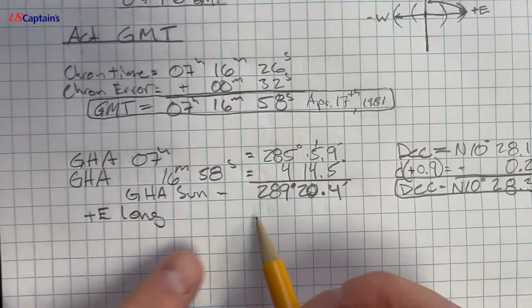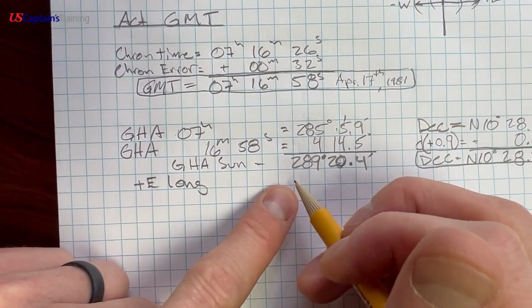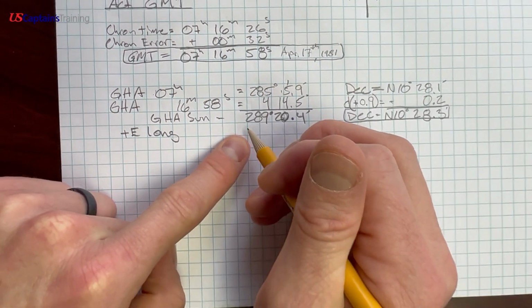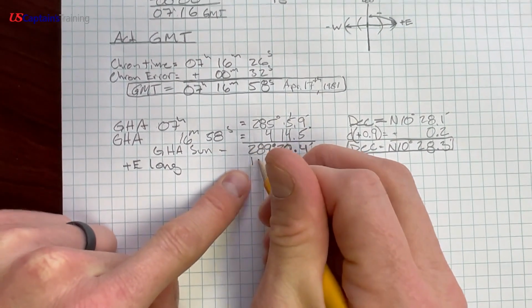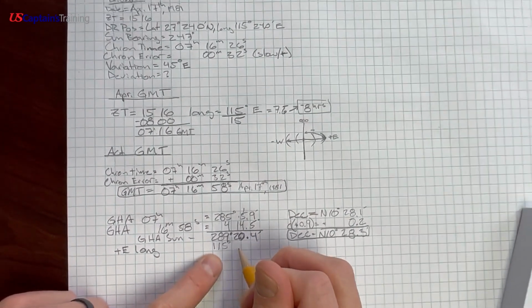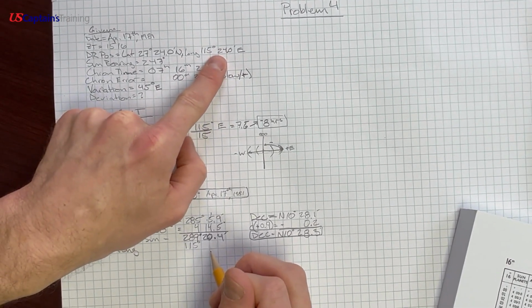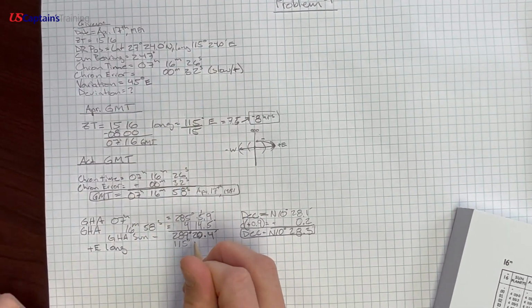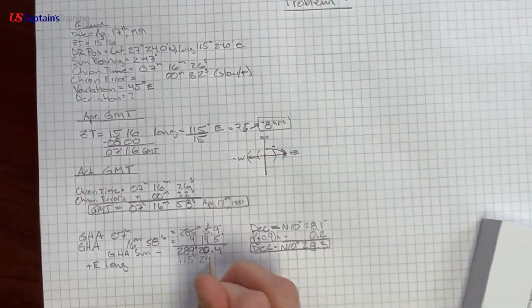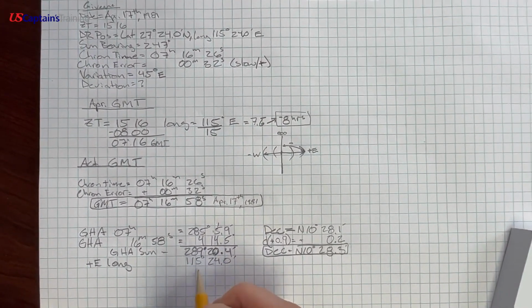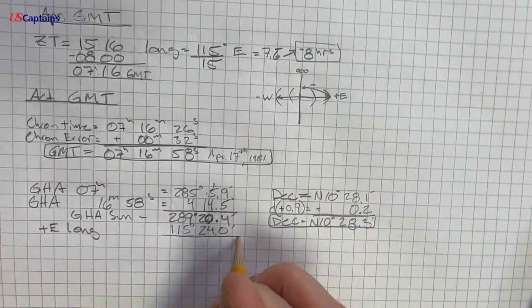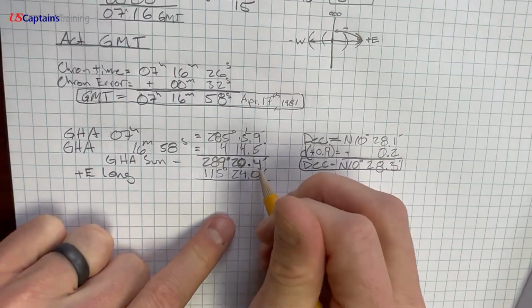So we add our east longitude, which is 115 degrees and 24.0 minutes. So we're adding our east longitude to get our LHA.